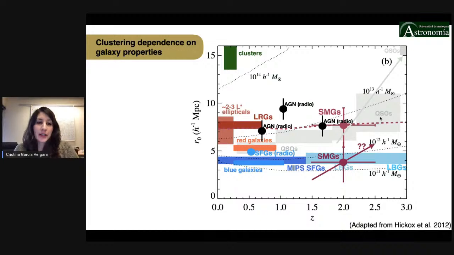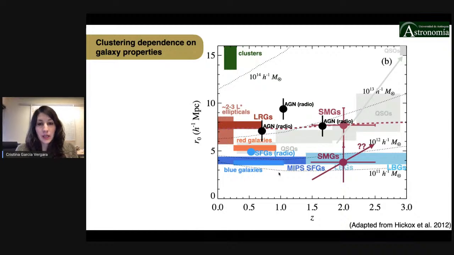We also saw a review or an overview of the clustering dependence on galaxy properties, and I showed you the different measurements of the correlation function for different types of populations. This is very nicely summarized in this figure, in which we have different types of populations clustering more strongly or less strongly.